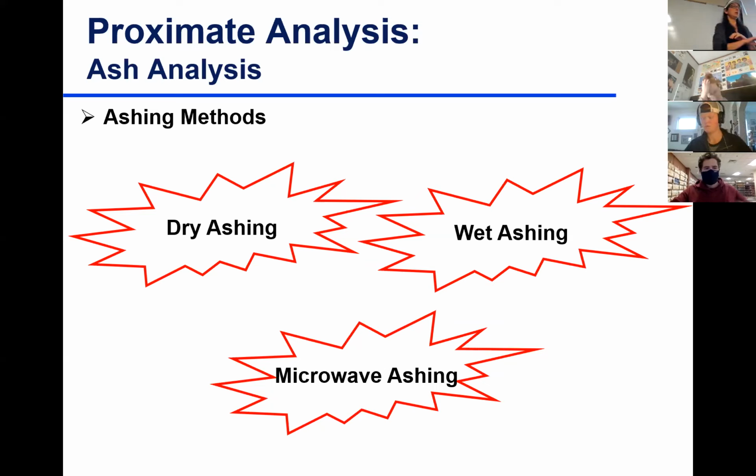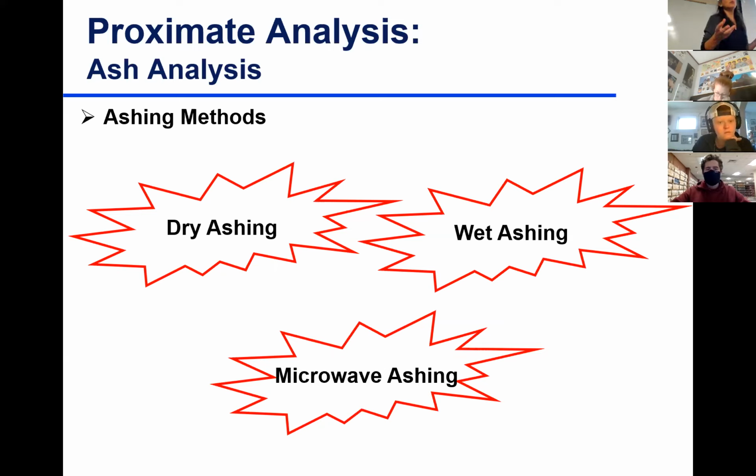Wet ashing is completely wet ashing. You do not use the muffle furnace. You digest with strong acids, and we'll talk about that. The difference between dry ashing and wet ashing is essential if you want to get ash content. So you want to get ash percentage, you really have to do dry ashing, so you can get a weight measurement of your ash or your inorganic matter.